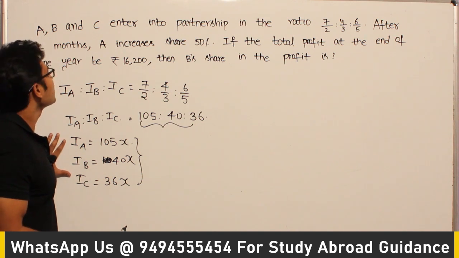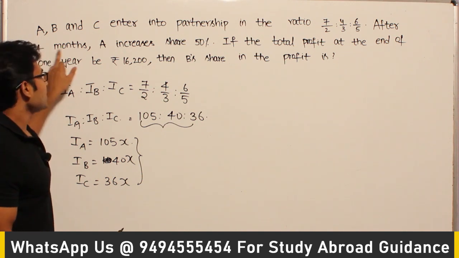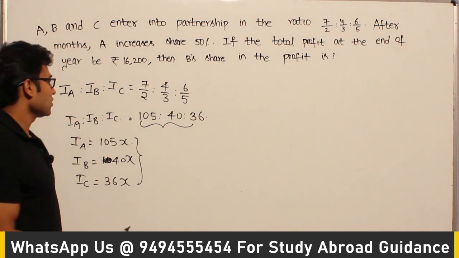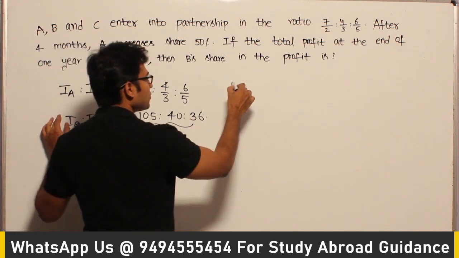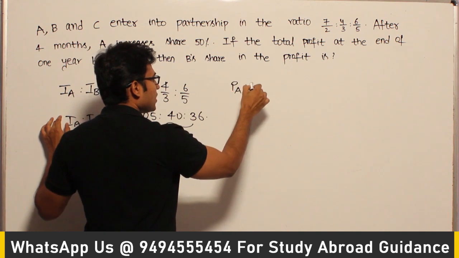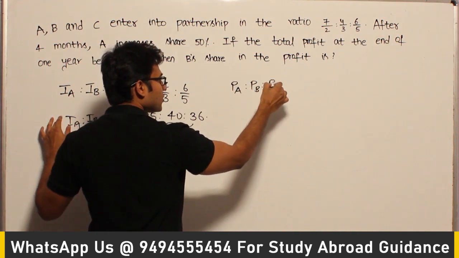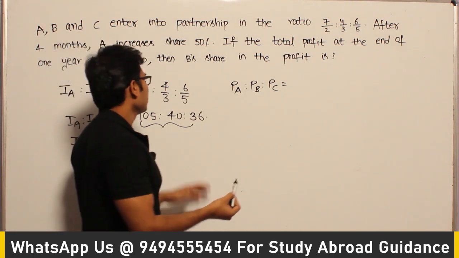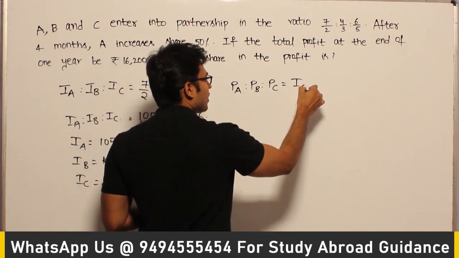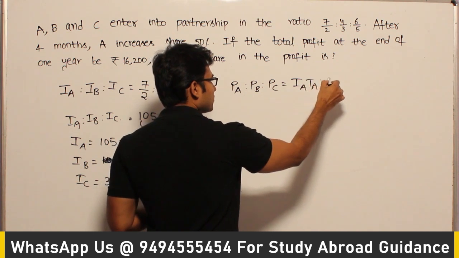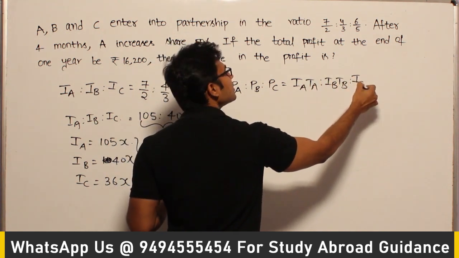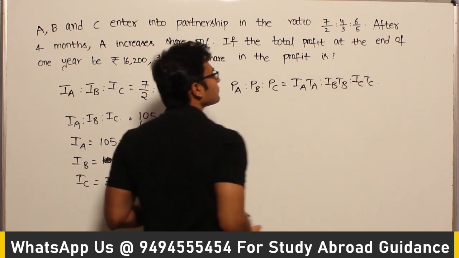Now what is given is, after 4 months, A is increasing his share by 50%. If you have to find the profit ratio, we know this: profit got by A is to profit got by B is to profit got by C, the ratio in which they get the profits, is equal to investments into time, isn't it? IA into TA is to IB into TB is to IC into TC.